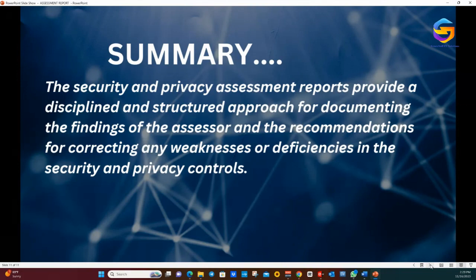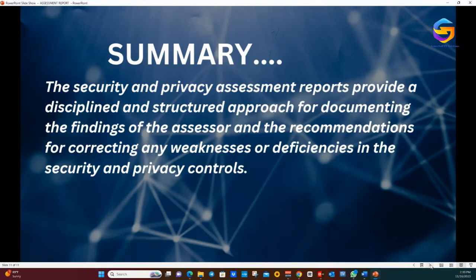So don't forget, SAR is equal to findings plus recommendations. And we said that the findings are the controls that had passed and those that had failed. So all those put together is documented in the report.